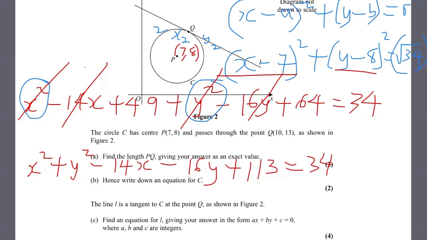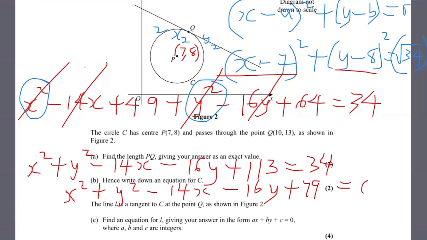So when we do that, we are expecting to have x squared plus y squared minus 14x minus 16y plus 113 minus 34. What should that give us? 79, and we have equal to 0 on the other end.